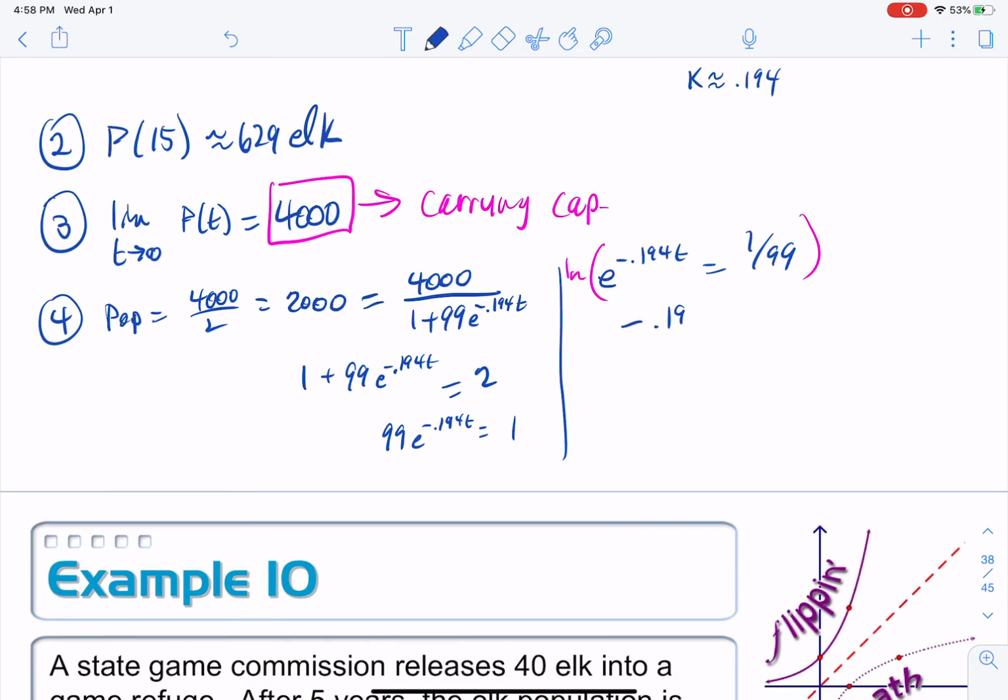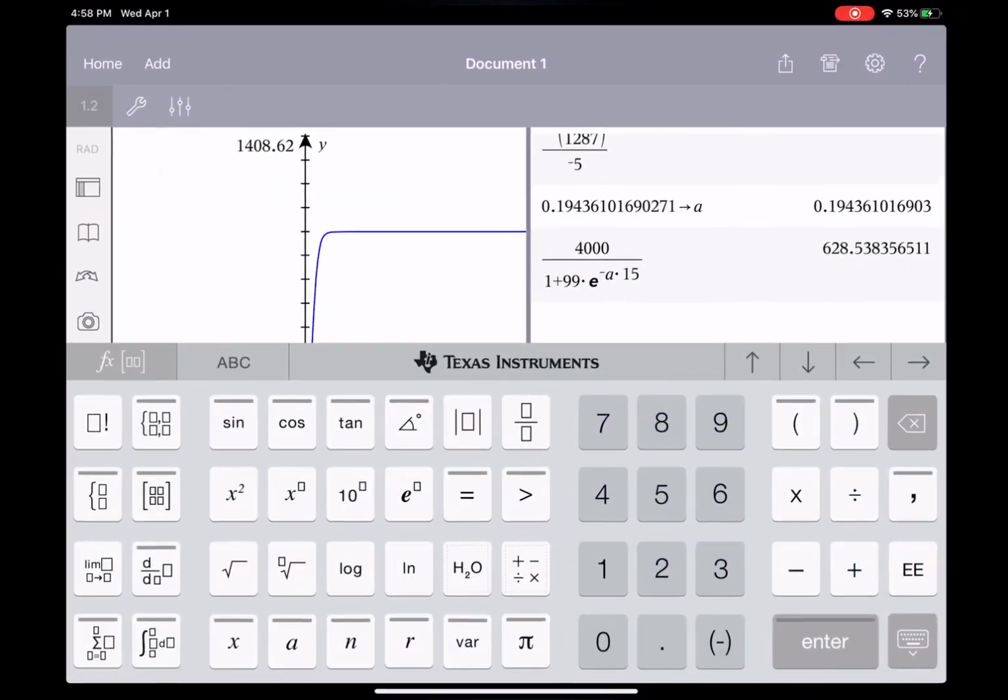Negative 0.194t is equal to the natural log of 1 over 99. And then finally, divided by negative 0.194. Calculator time.